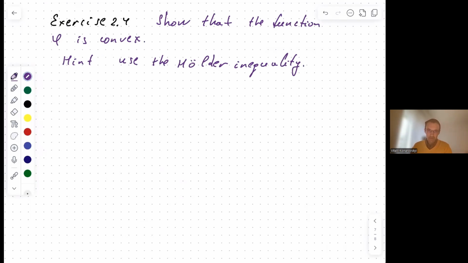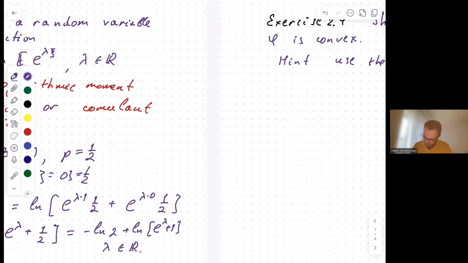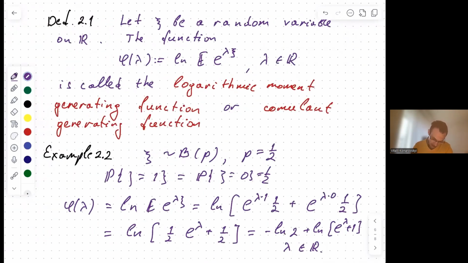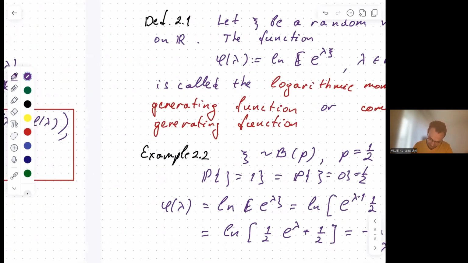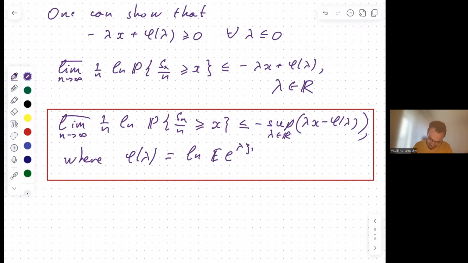Okay, good. Then we have introduced the cumulant generating function, but it was not our final goal. Our final goal, to understand what we have in the right-hand side of the estimate, was the supremum of this expression. And this supremum, or we also can say transformation, because you have a function which depends on lambda, phi.